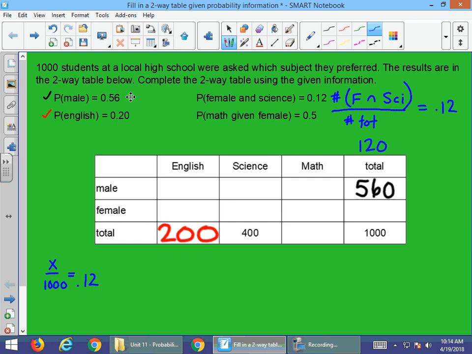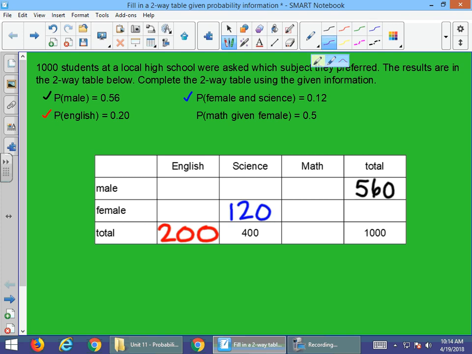Now, 120 is the number that are female and in science. So row is female, and science is the column. I stop right there. Right there's my 120. So that takes care of the third one.